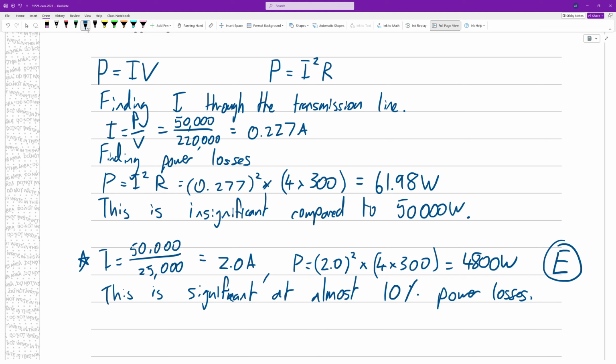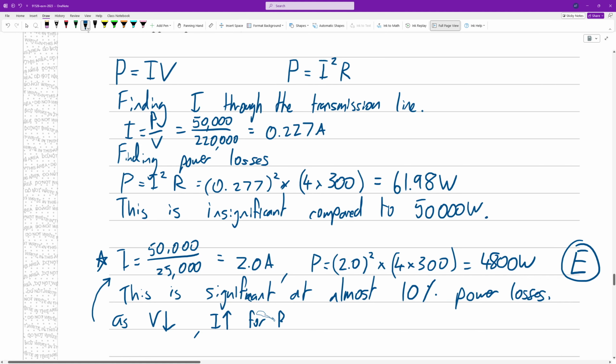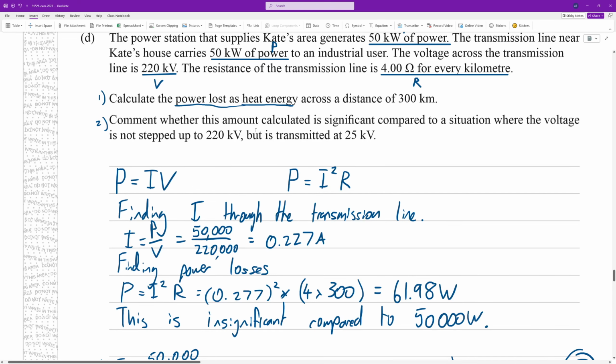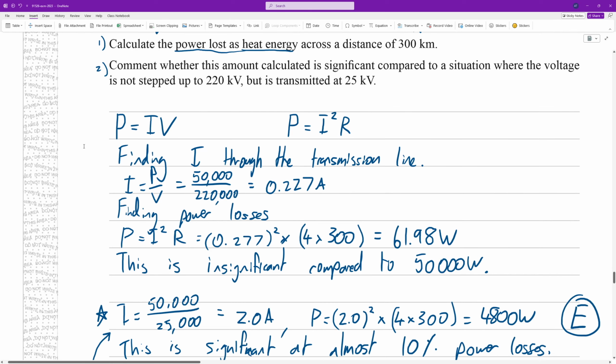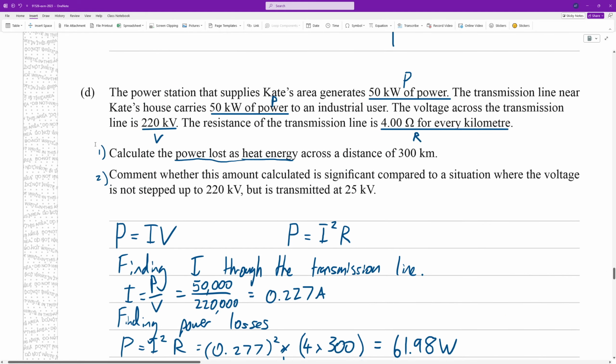So just putting that into words, an amend point there: as voltage goes down, current goes up for the same resistance, and this causes the power loss to go up. Just explaining that a little bit better. We did it with an equation, but it asks us to comment about it. Cool. All right, well, that's that question done, and cheerio.